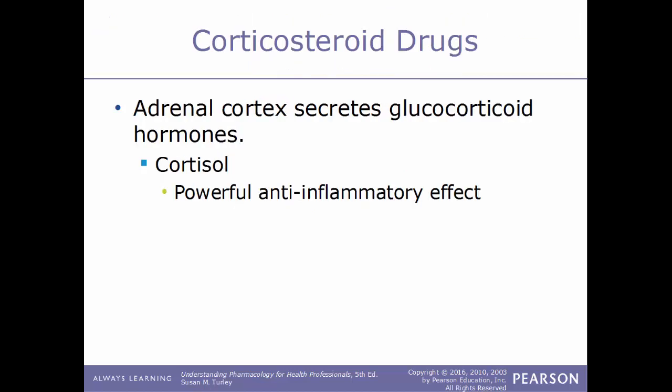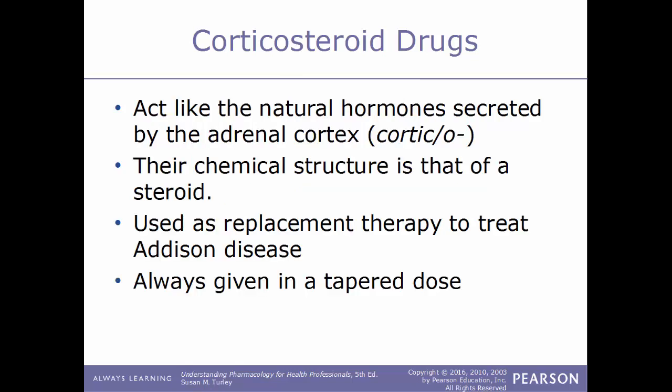Alright, now we'll talk about corticosteroid drugs. The adrenal cortex is what will secrete glucocorticoid hormones. An example of this is cortisol, which has a very powerful anti-inflammatory effect. These drugs act like the natural hormones that are secreted by the adrenal cortex, and their chemical structure is that of a steroid. So that's why you have the name corticosteroid, because it comes from the cortex and is a steroid in structure.